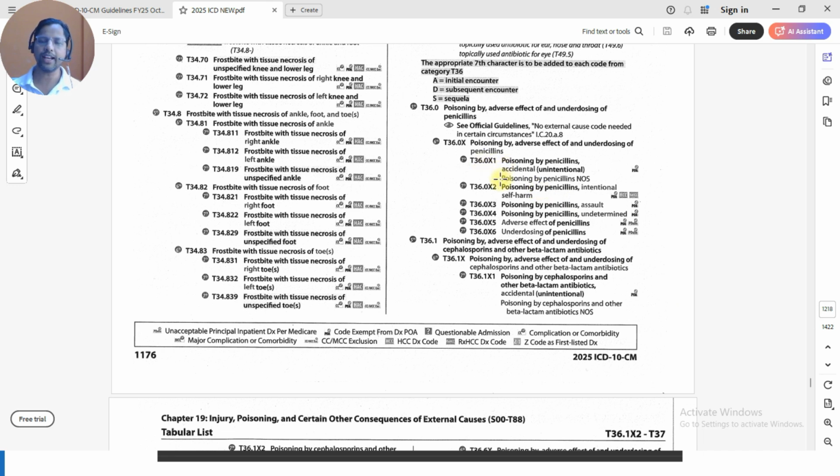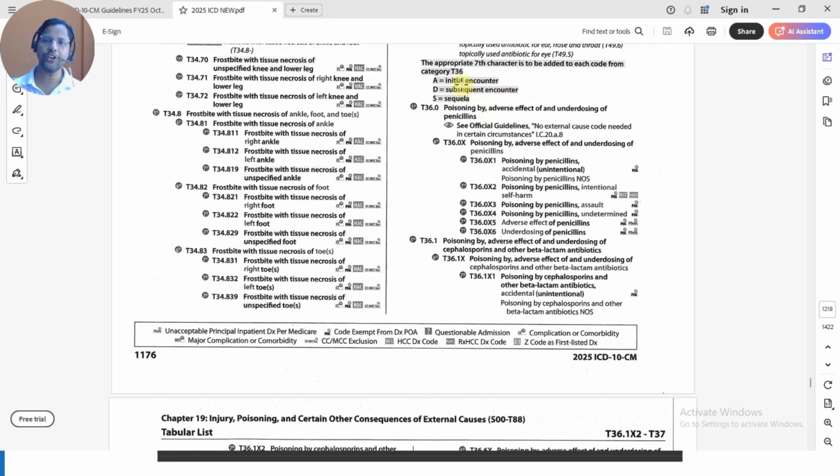As all of us know, if you want to complete any code, we need to have 7 characters. If you see this one, for example, T36.0 with 1, for the 7th character, we need to use A, D or S. A means initial encounter. D means subsequent encounter. S means sequela.